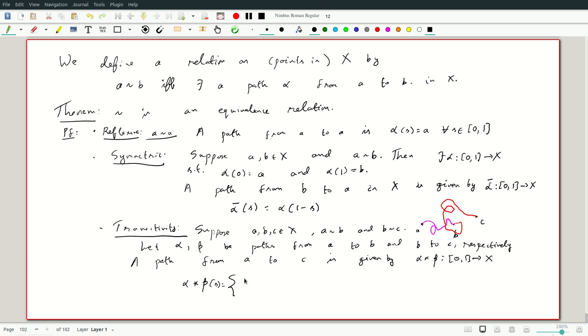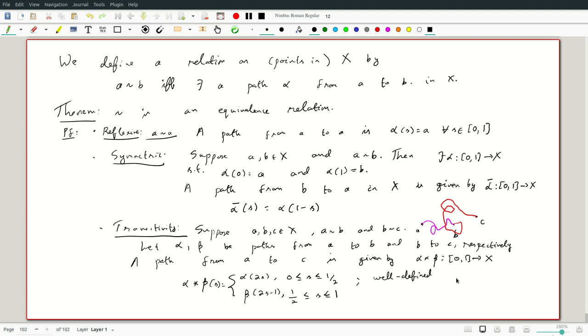It is going to be equal to alpha of 2S for 0 is less than or equal to S is less than or equal to half, and beta of 2S minus 1 if half is less than or equal to S is less than or equal to 1. Okay, and so since I have the formula here, well, this is well defined.